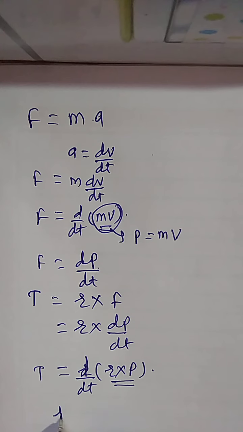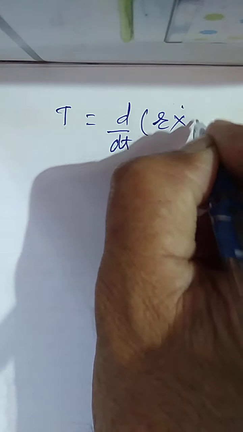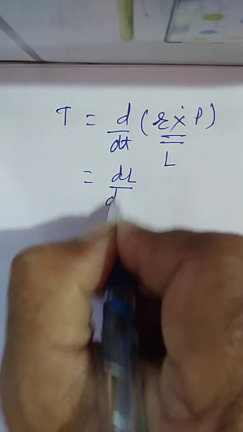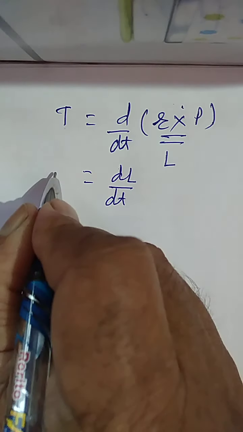Now put r cross p equal to the angular momentum, denoted by capital L. Therefore, tau equal to d by dt of r cross p, and r cross p is capital L, so tau equals d by dt of capital L.